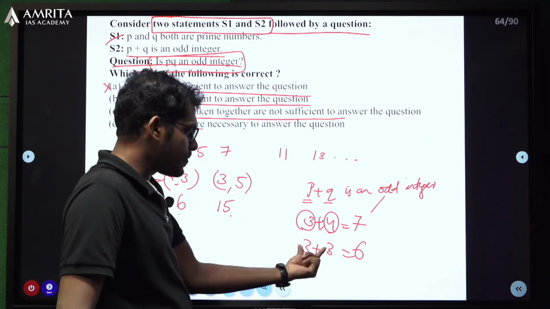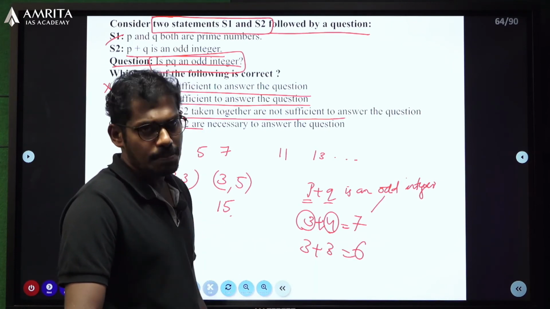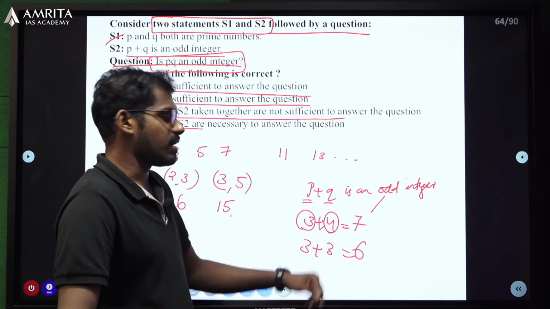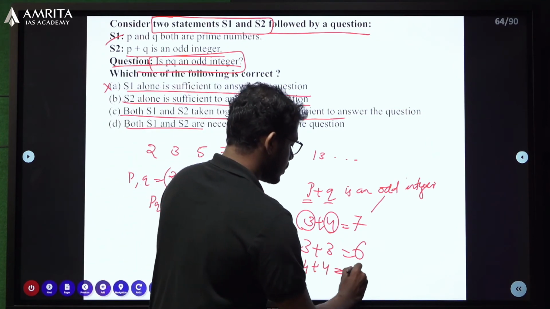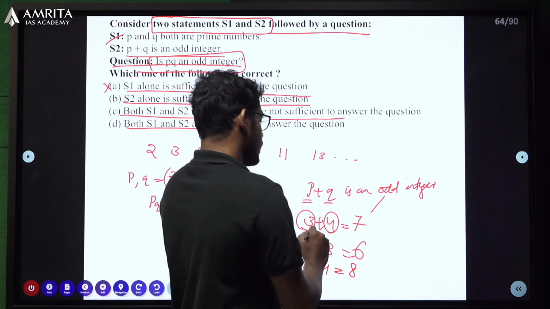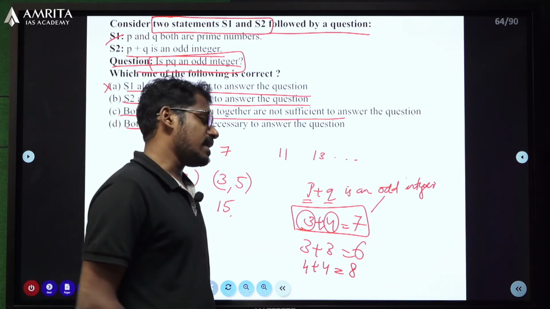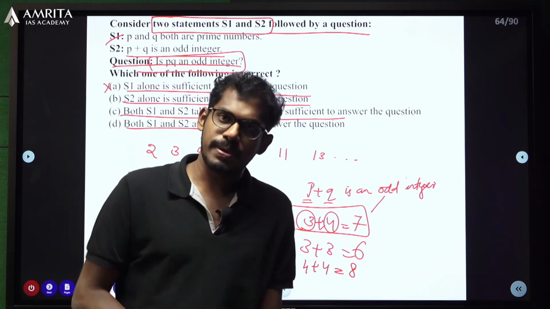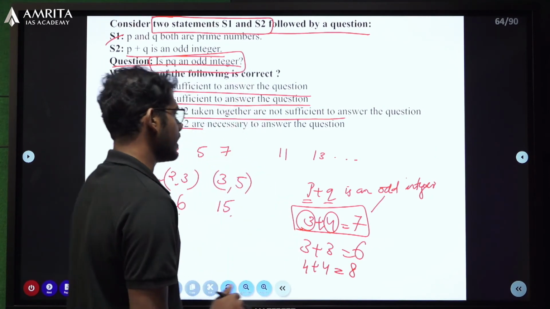So if both numbers are odd, the sum will be even. If both numbers are even, then also the sum is even. So one is odd, the other is even. Clear? Okay.